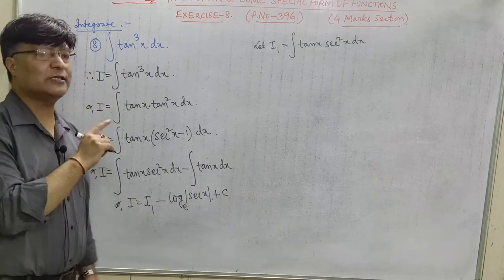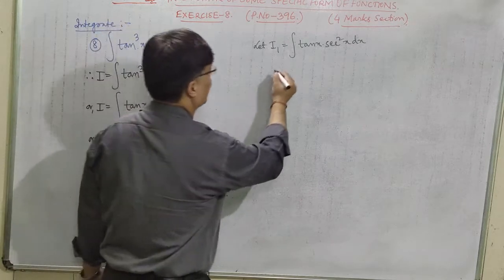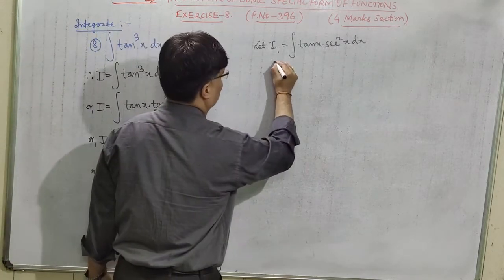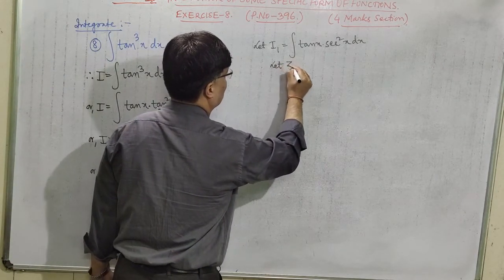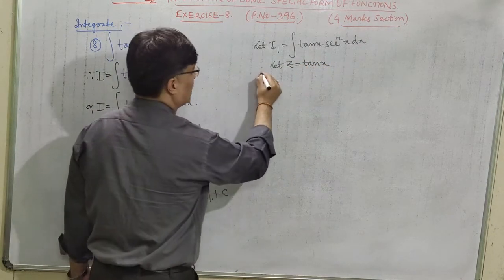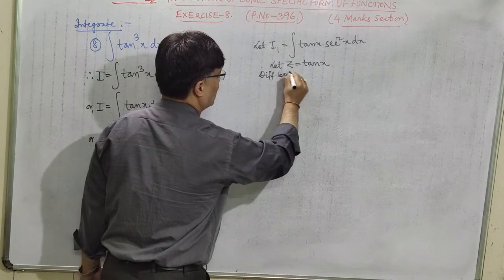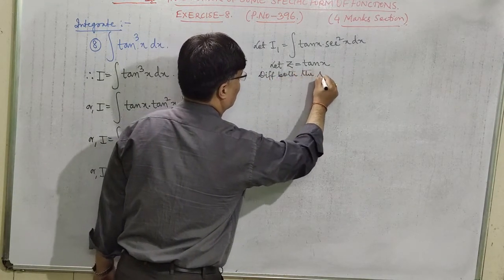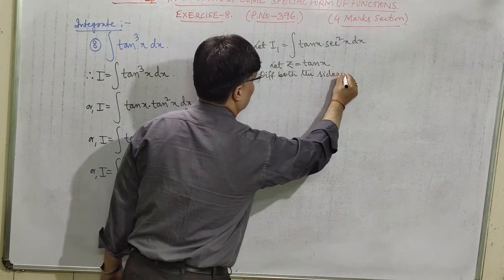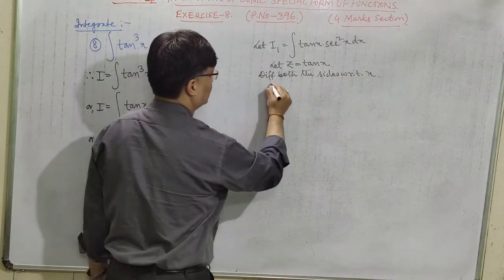And you know that the differentiation of tan x is what? Sec square x. So in this case you can do the method of substitution. Let z is equal to tan x. So now let us differentiate it. Differentiating both the sides with respect to x.